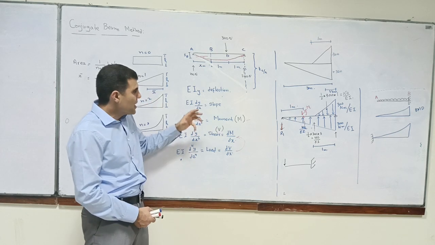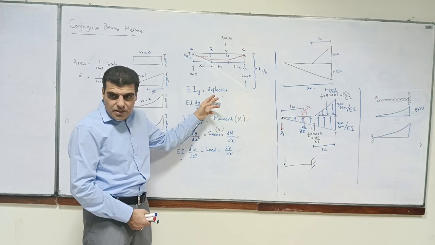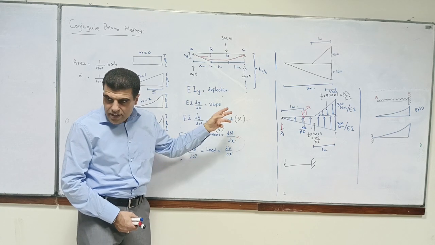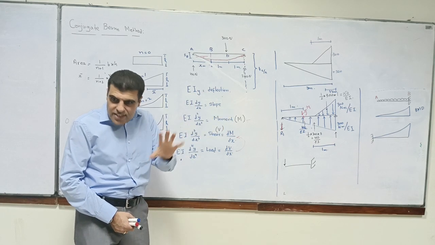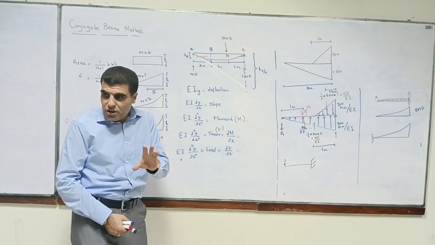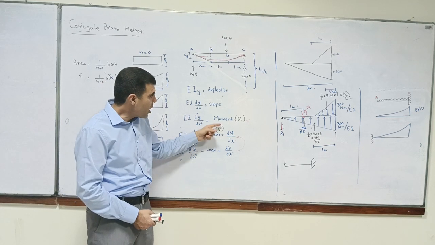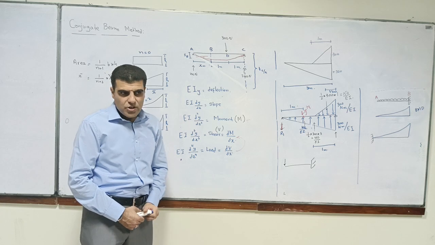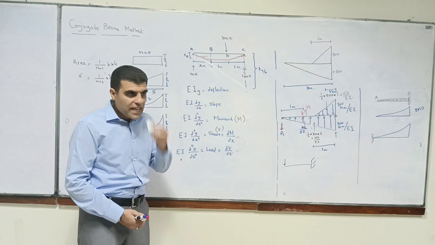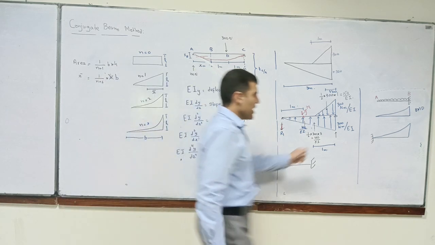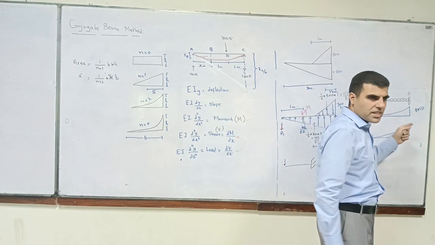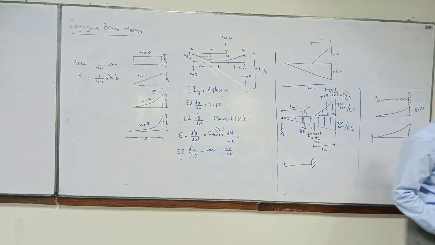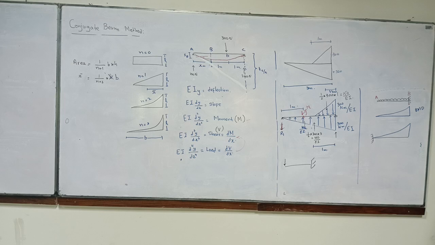If your deflection is zero at a particular point, you should adjust your support in such a way that your moment is zero at that point. Do you understand my point? So in the case of cantilever, the only thing you have to do is change the support. So that is your conjugate beam method.